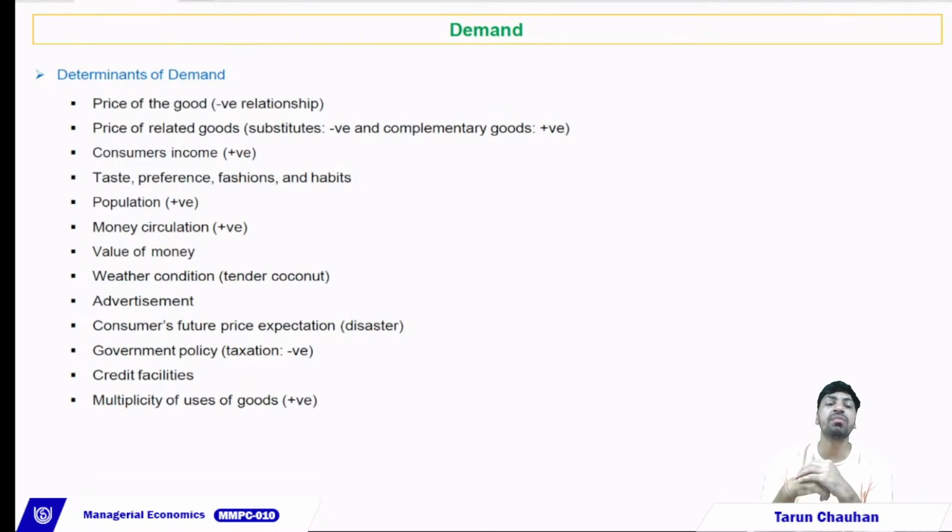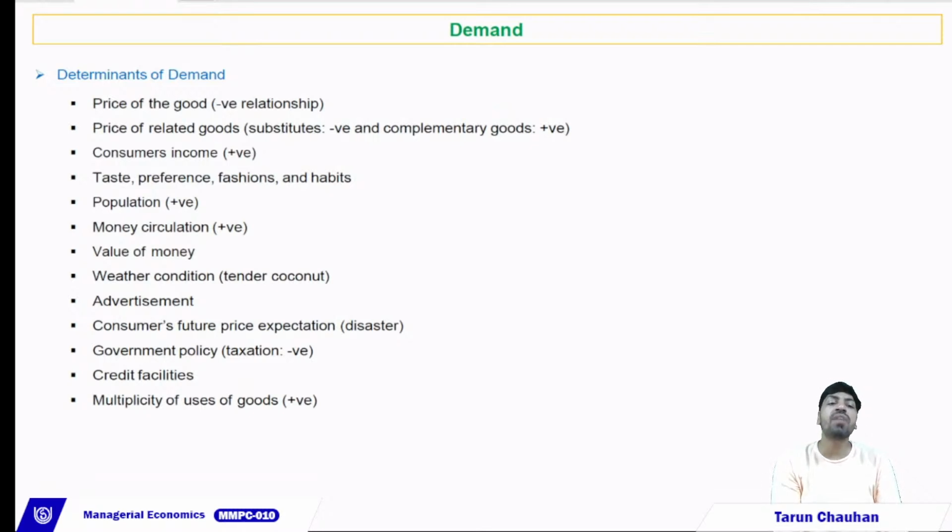Money circulation will also be a positive relationship. If the circular flow of money increases, then definitely the demand or quantity of a product would also increase.